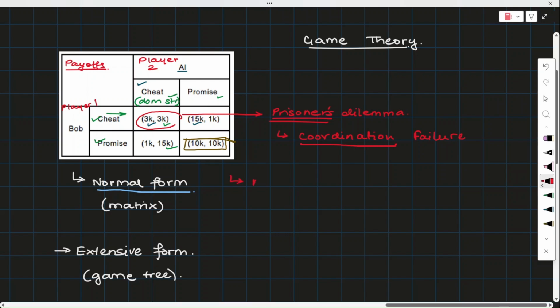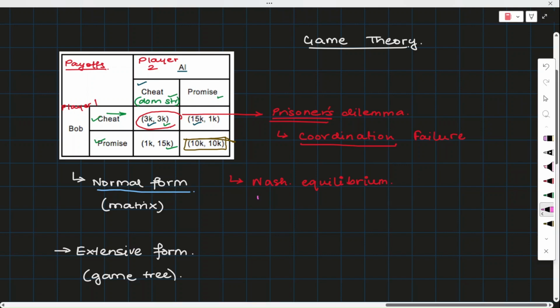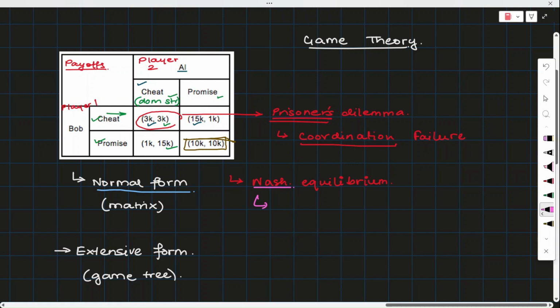Another term that I want you to know in this regard is something called the Nash equilibrium. Now, Nash equilibrium is essentially a situation. So if I want to write it down, Nash equilibrium is basically, in a very simple way, I'm going to discuss Nash equilibrium in greater details, but again, with respect to this particular game, Nash equilibrium essentially means you are doing your best.